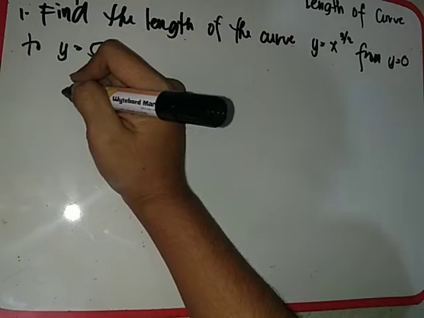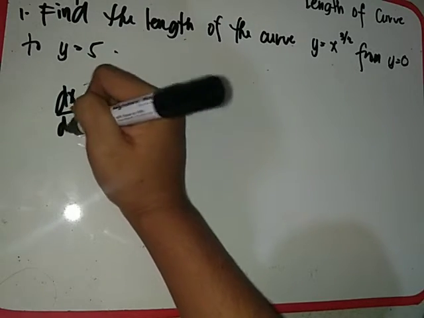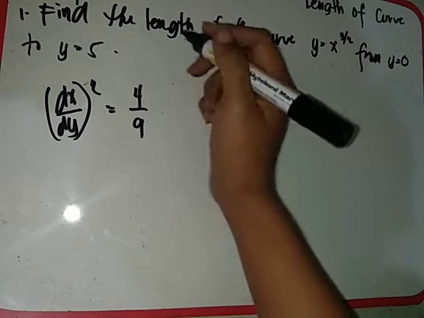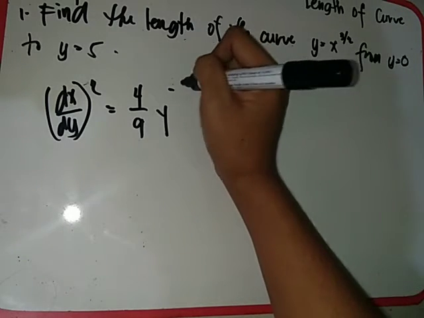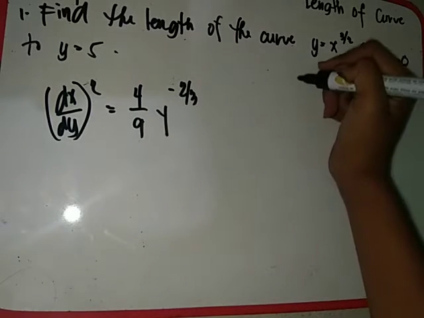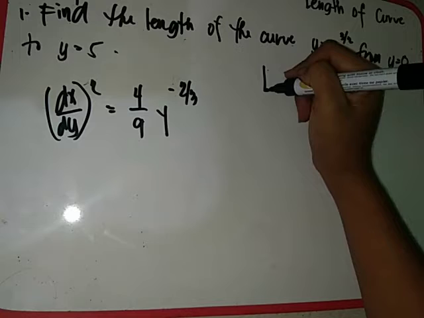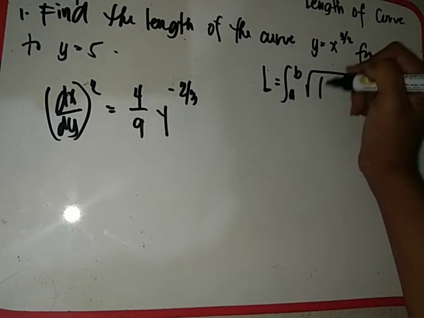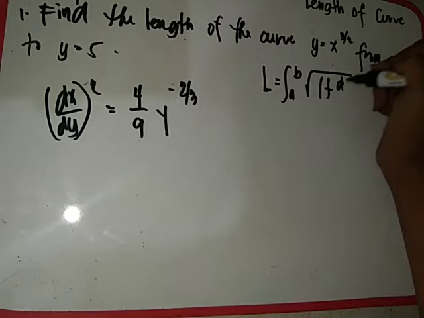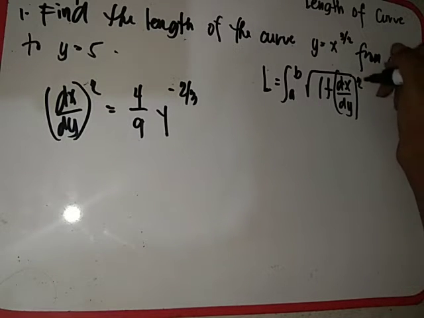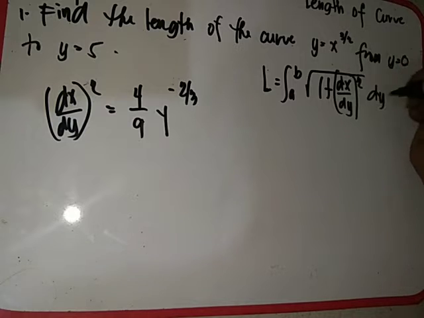So we have now dx over dy squared is equal to 4 over 9 y raised to negative 2/3. So remember that we have the formula: the integration from a to b of the square root of 1 plus dx over dy squared dy.